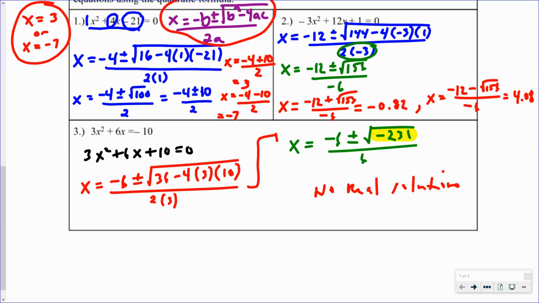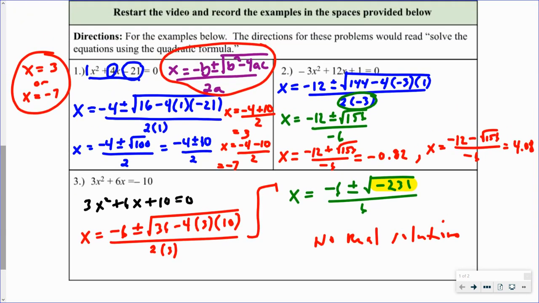Now, the cool thing is that the quadratic formula gives you another approach for solving quadratic equations. For me, I always check to see if the quadratic can factor. So, if you take a look at number one, and I'm just going to erase this stuff here, that one is actually factorable.